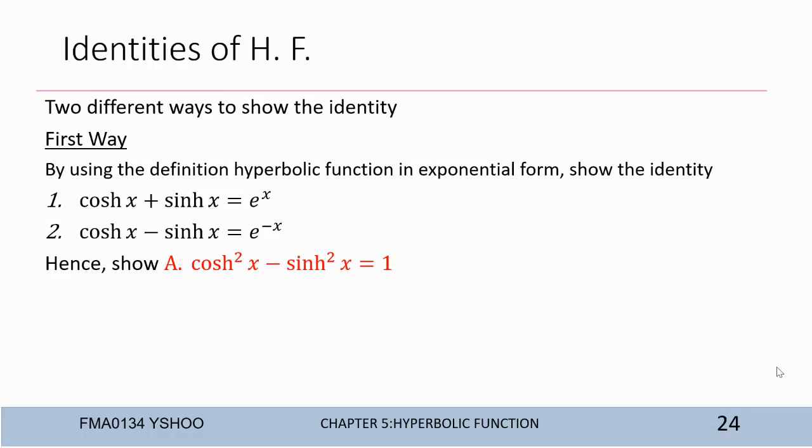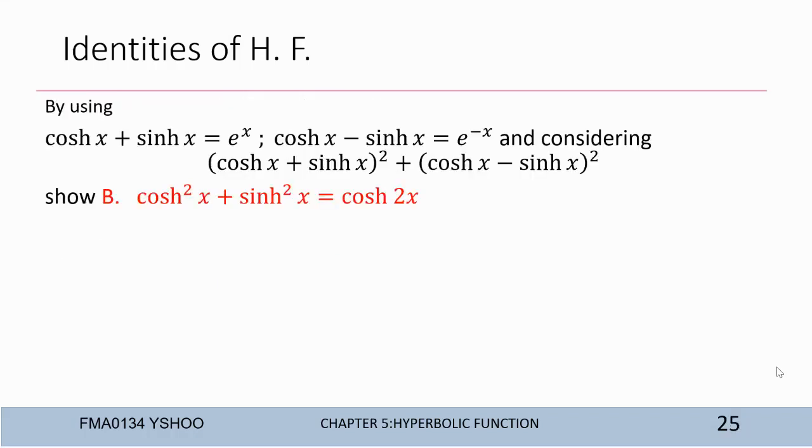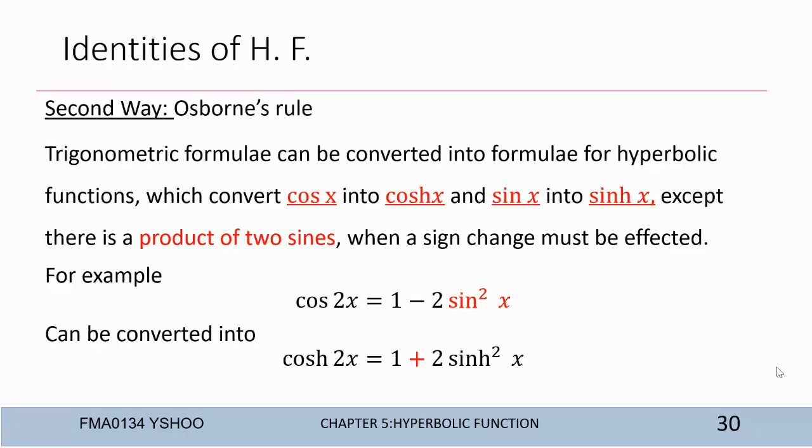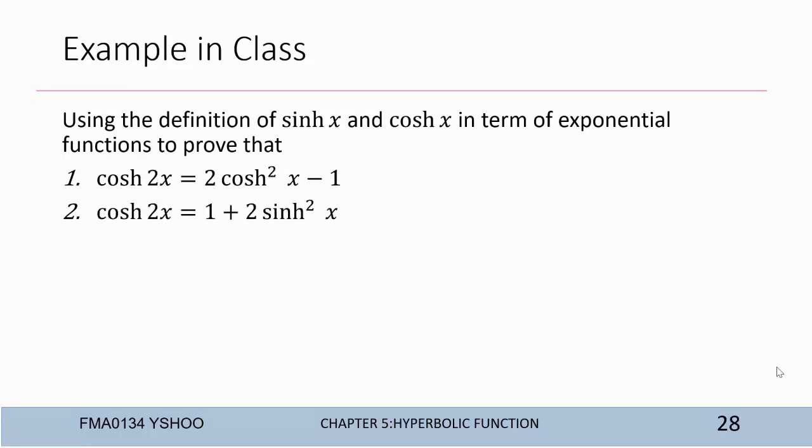There are two different ways to show it. The first one is the one inside your module, by using the definition of hyperbolic functions, which is defined in exponential form. The second one, which is not inside your module, is using Osborn's rule.